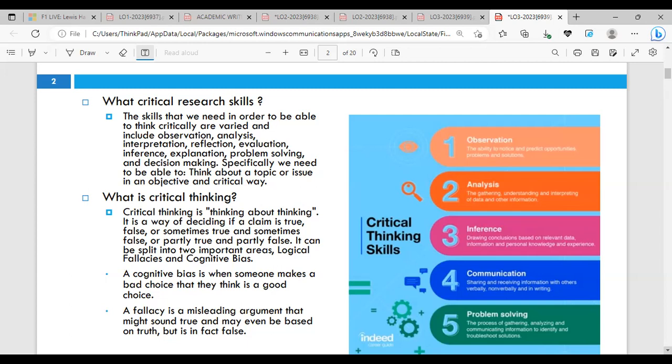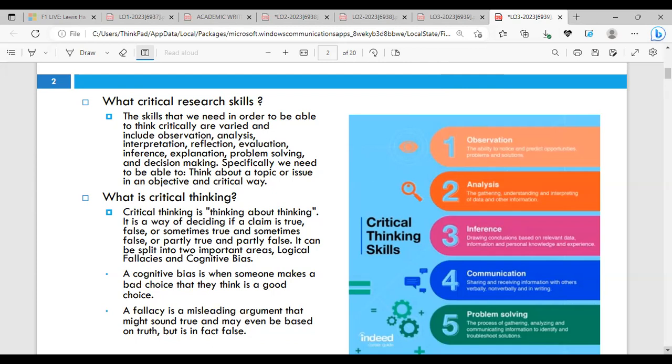So if you're doing research about, let's say, customer service, customer satisfaction, customer loyalty and service quality, you need to make sure when you're collecting primary data that you look around at different timings, because maybe you're not looking at a segment of the population that represents the view of everyone.